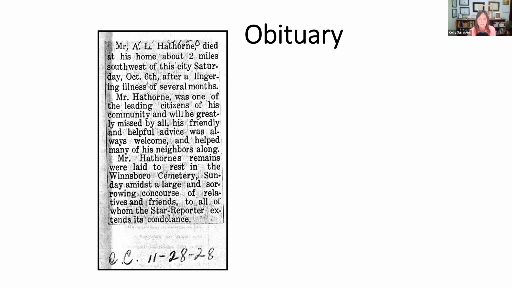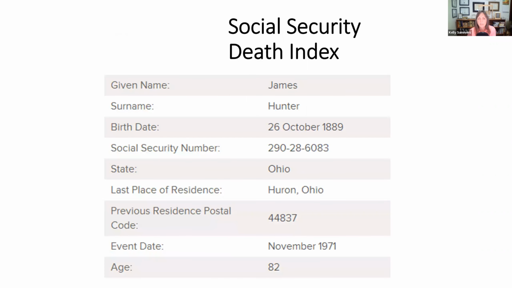Here we have the Social Security Death Index. The title here, index, tells us that this is a derivative. However, this is a derivative that has some great value because if you think about how this index was created, it was created when a person showed their birth certificate to get a Social Security number.